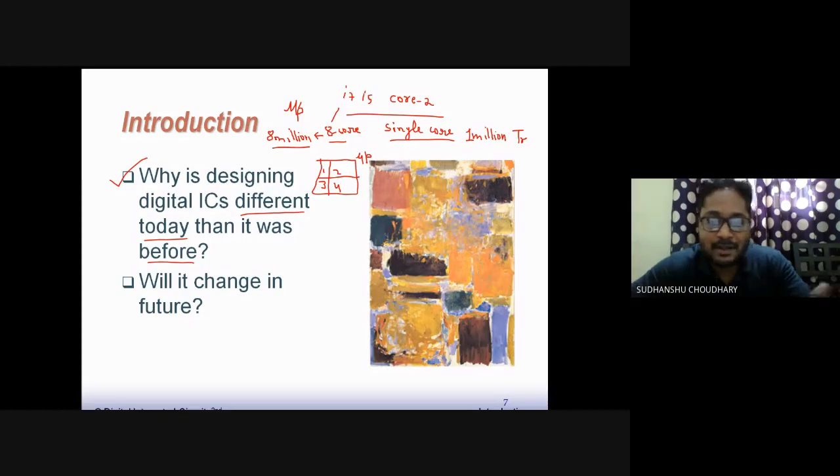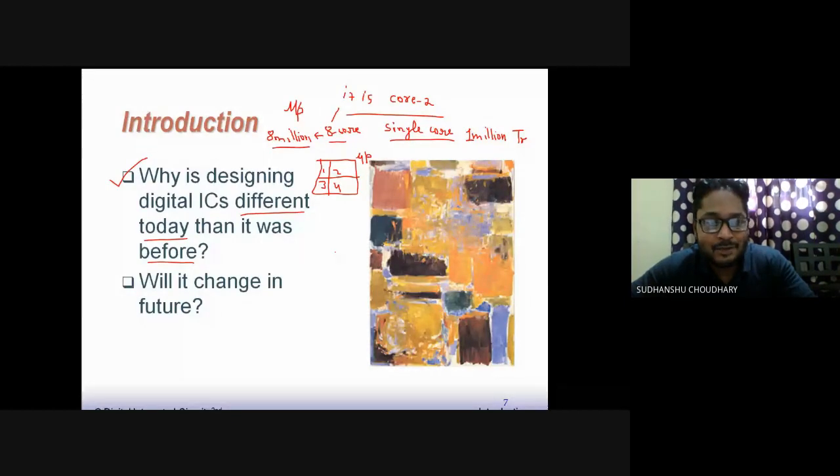In fact, if you go back a little earlier, we had the 8085 microprocessors or maybe 8086 microprocessors, right? So they had, I think, somewhere around 1000 to 10,000 transistors only in those microprocessors. Intel 4004 had only 1000 transistors.